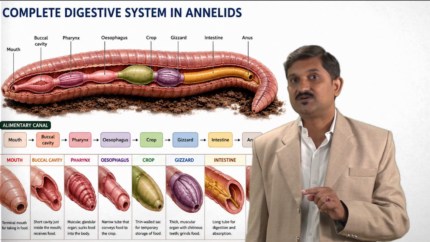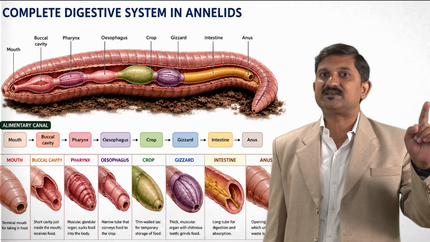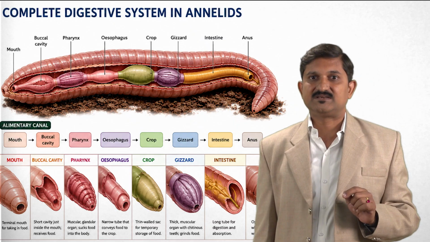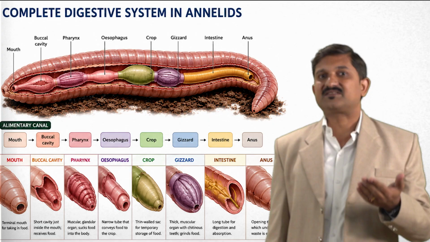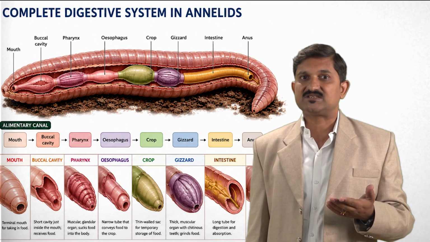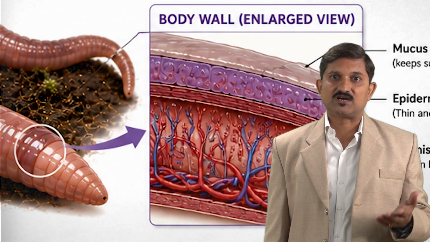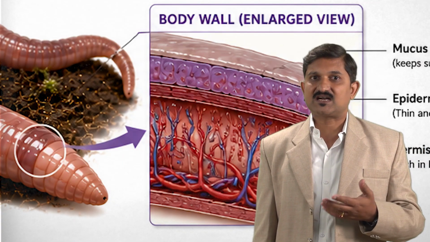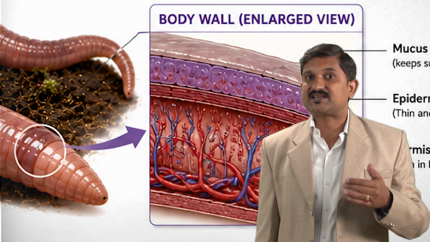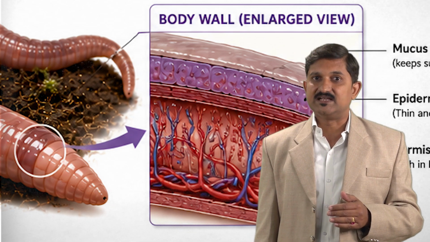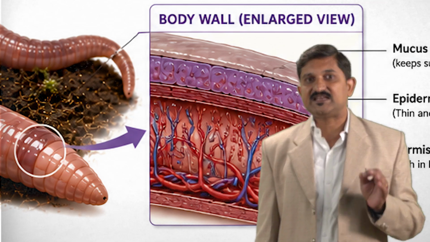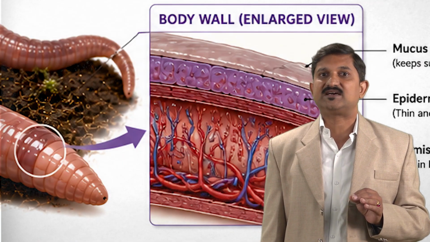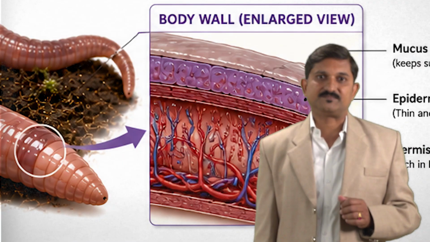Respiratory organs which were normally absent in Nemathelminths, here one would see that respiration takes place through skin, which is called cutaneous respiration, and the gaseous exchange occurs through the skin, which can also take place through gills. When the respiration takes place through gills, it is called branchial respiration.